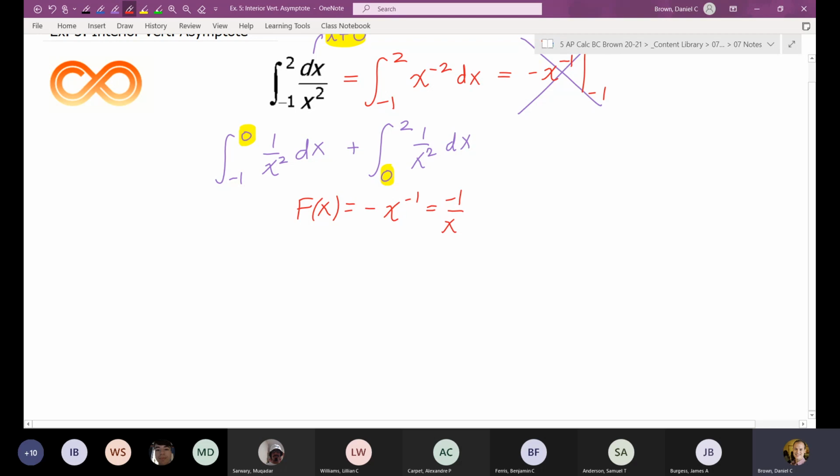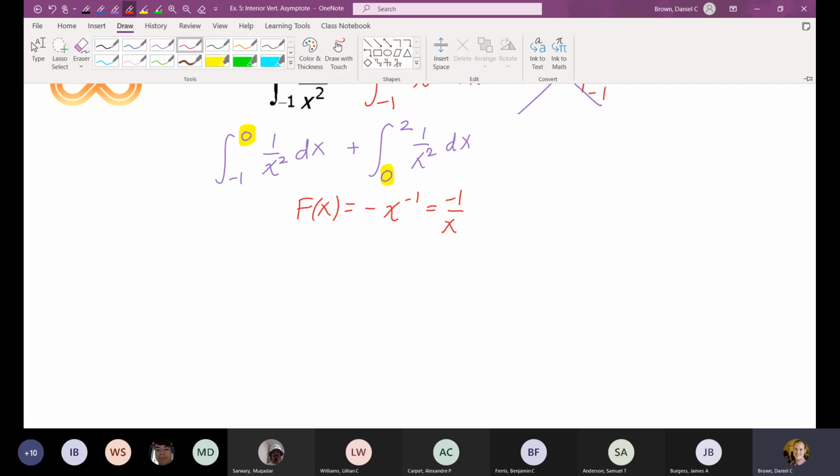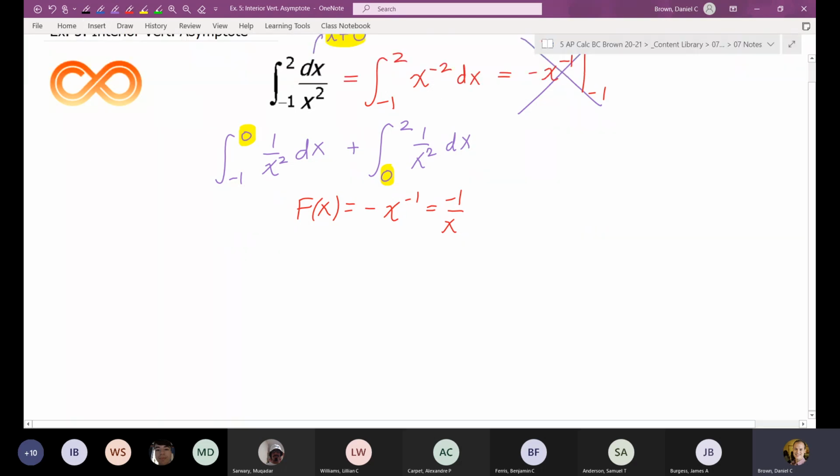We are, though, going to have to do 4 limits for this one, which is kind of obnoxious, but we have 2 limits each. They're both improper, so we need to do the top and bottom limit for each of them. So like this first one, we're going to have the limit as x goes to 0 of the antiderivative.